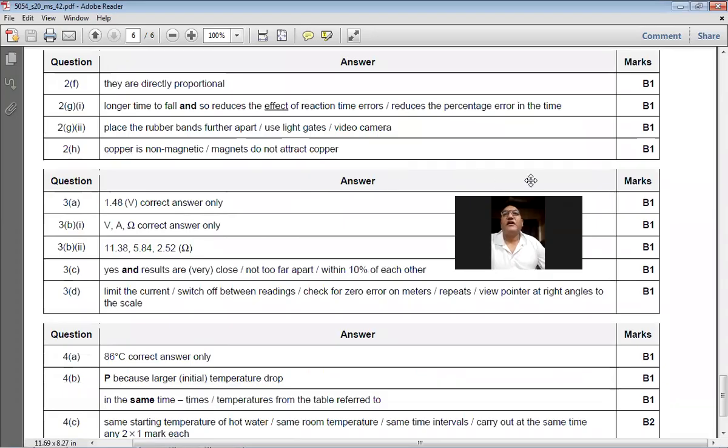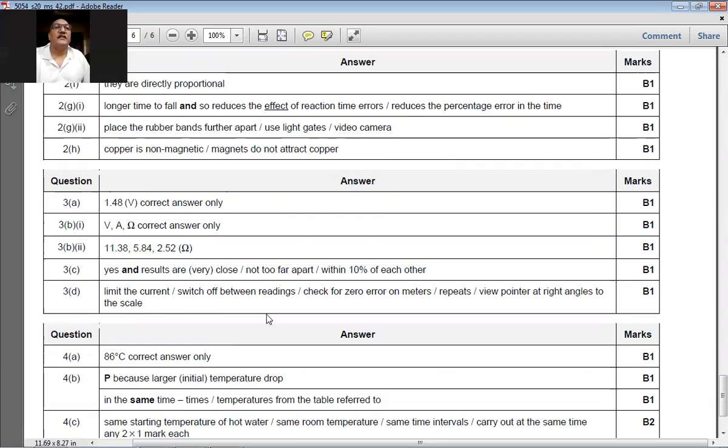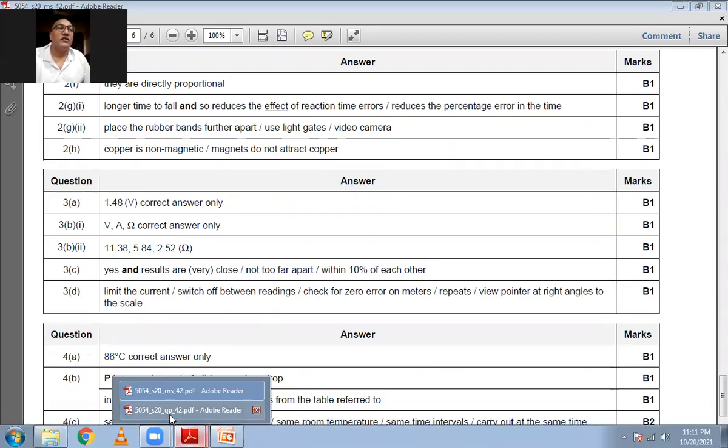Here is the rest of the part of question number 2. I hope that you have read this marking scheme and understood question number 2. So let's move to the next question.